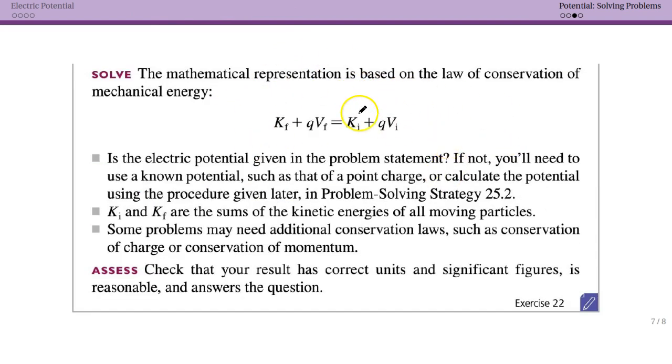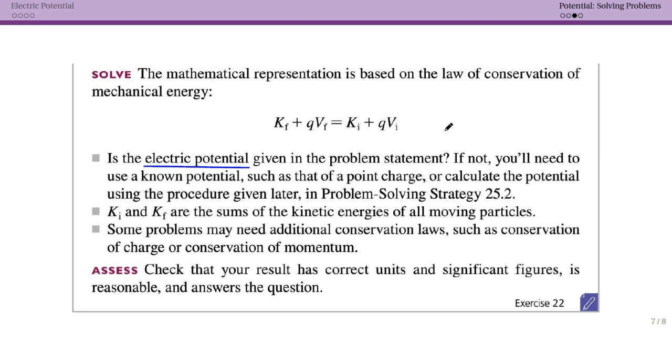We're starting from a good expression of conservation of energy, and then we have to think about what each of these terms mean. Is electric potential given? If not, you're going to need to calculate it. Again, this is something we're going to look at in future videos. How do you calculate the electric potential from, for instance, a disk of charge?